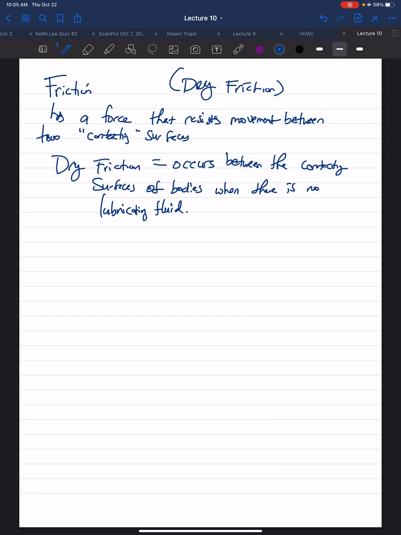So to represent this, let's consider the effects of pulling horizontally on a block of weight, and we'll just call that weight W, resting on a rough surface.